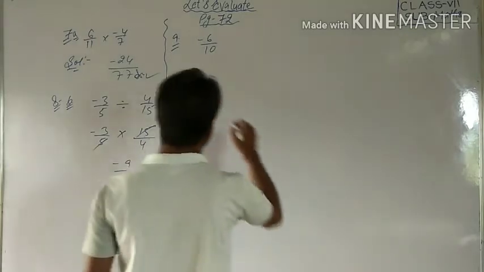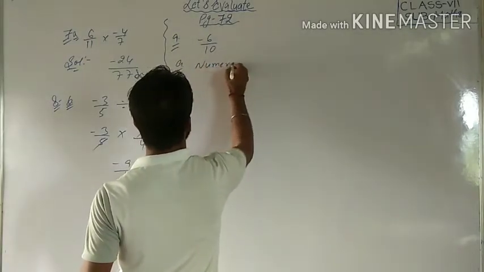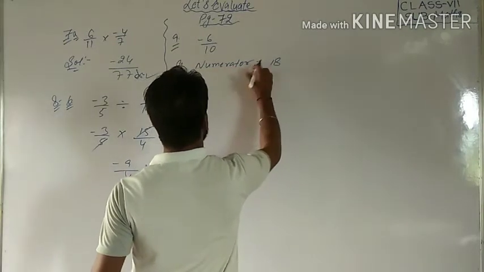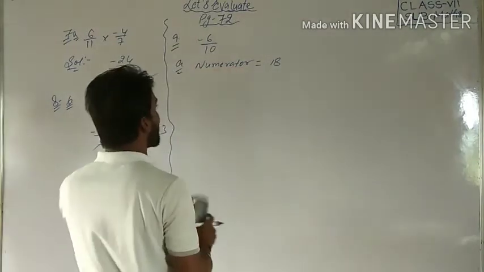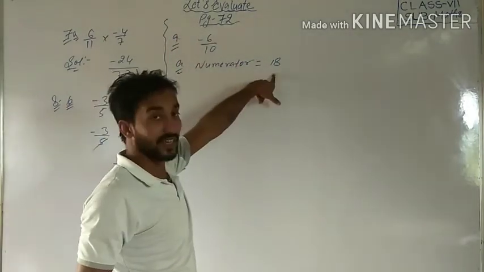Students, a rational number is given and the question says that you have to make the numerator 18.